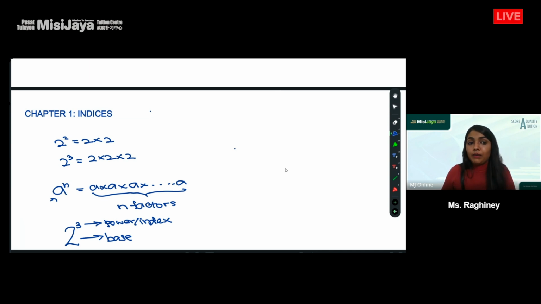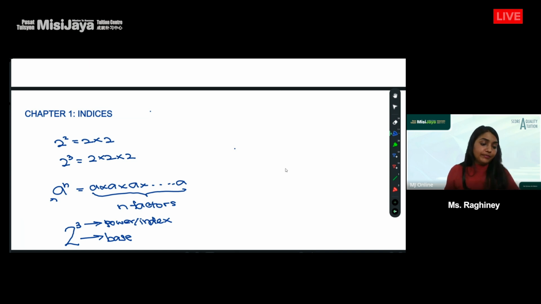Now let's look at some of the laws of indices. Basically, they're the rules that we have to follow if we want to use indices in our calculation. Indices can help to ease your calculation, but you have to follow the rule. If you don't follow, you're going to get the wrong answer. All right.